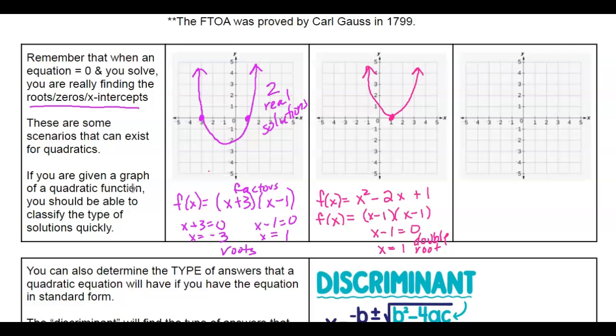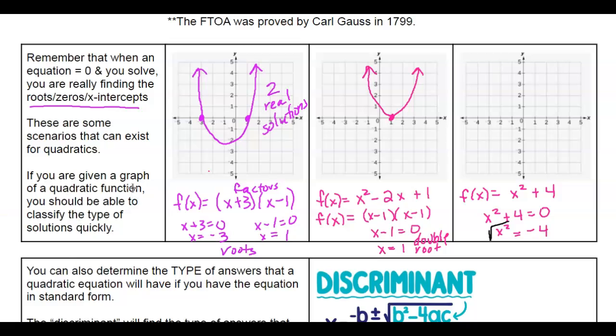All right, and then the last scenario, and we haven't really talked about this in the last Unit 4, is what if I was given something like x squared plus 4. Well, if I take x squared plus 4 equals 0, I can subtract 4. We just learned how to solve this in the last section.